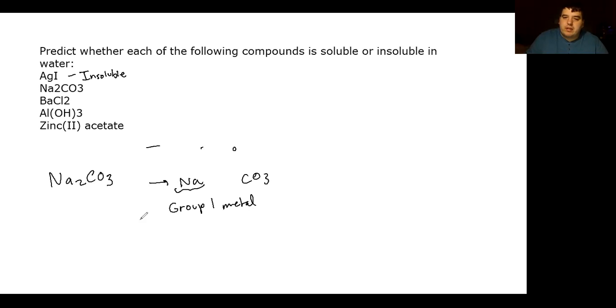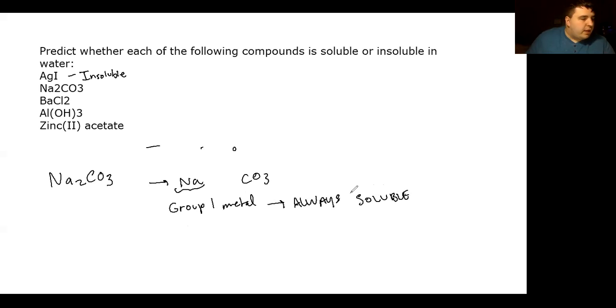And if you look at a solubility chart, group 1 metals are always soluble. There is no exception to the rule. There are no elements that, when combined with the group 1 metals, cause them to be insoluble.